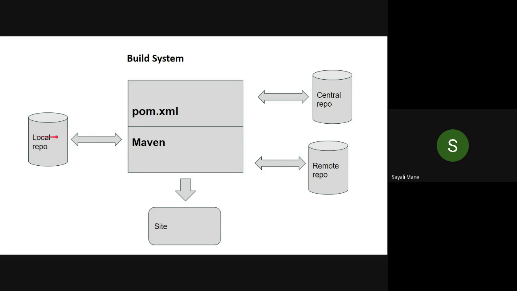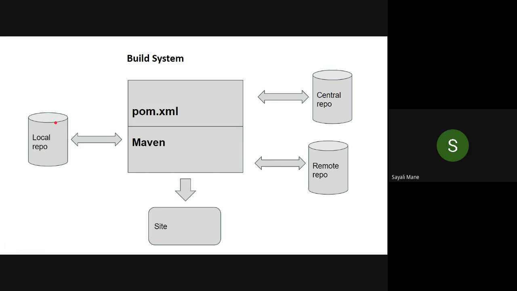Now, why are these three repositories there in the Maven architecture? Suppose you want to download any dependencies. There are three ways you can download the dependency. First, you will search in the local repository.